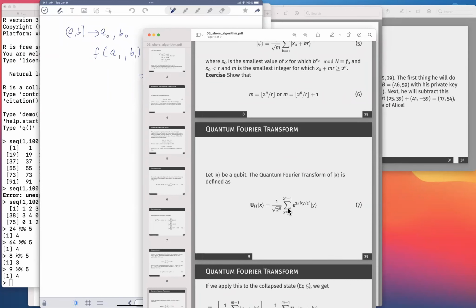We are already in session 5. In session 3 we defined the Fourier transform. So this is the definition of the Fourier transform.